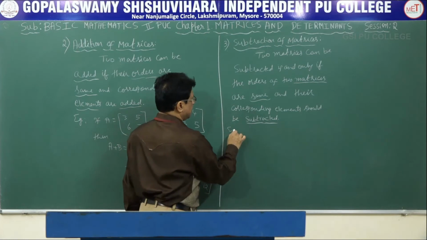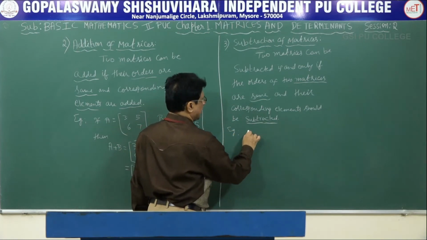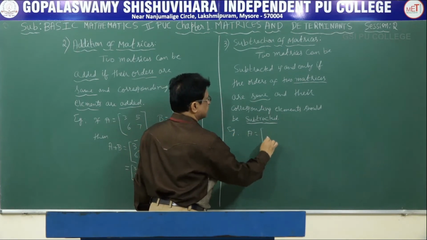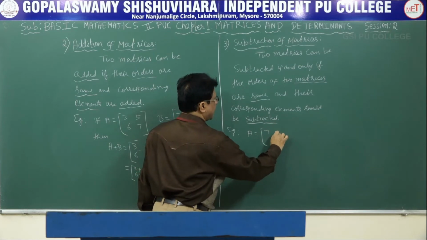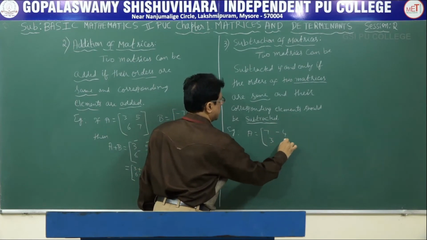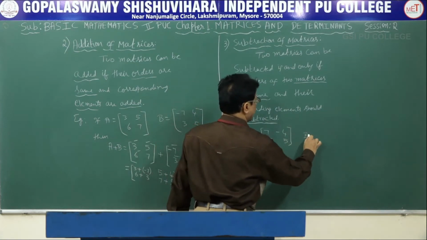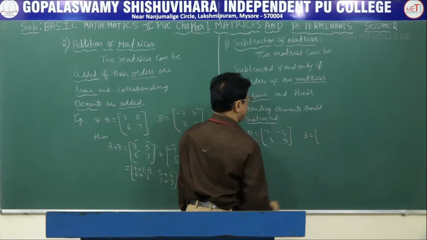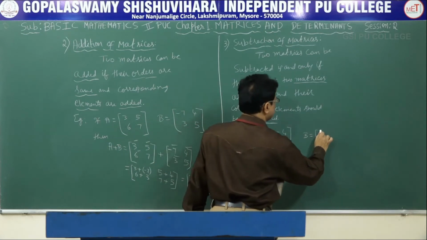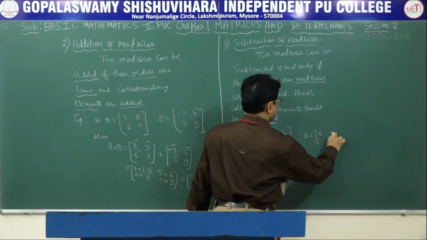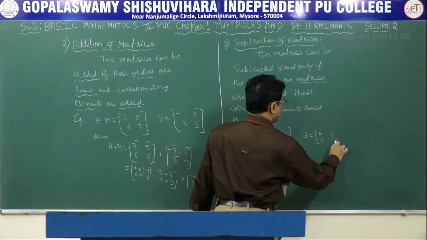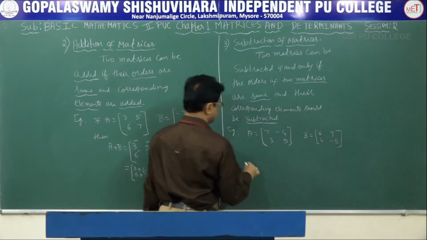For example, A equals 7, -4, 3, 5. B equals 6, 7, 4, -5.